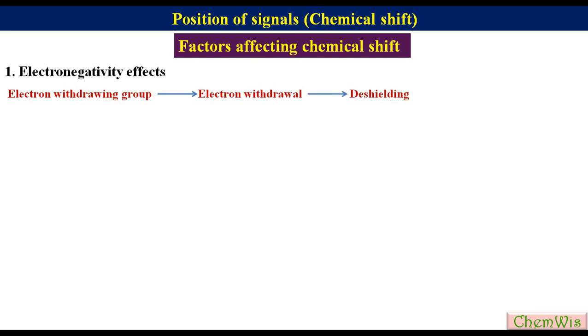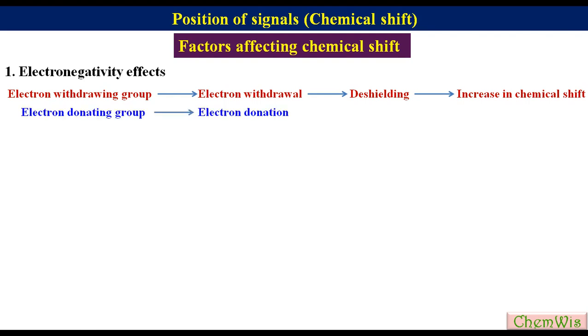As a result, the value of chemical shift increases. In contrast, electron donating groups donate electrons, which causes shielding. As a result, chemical shift decreases.